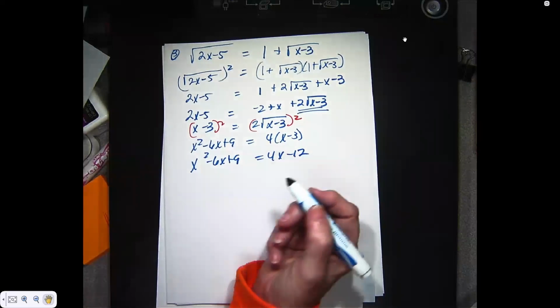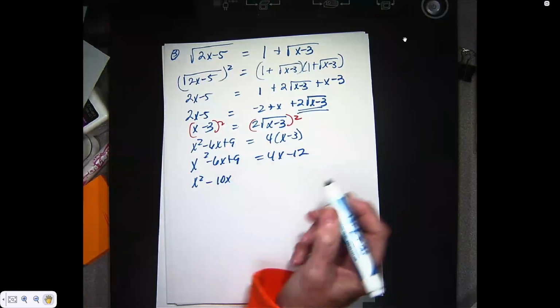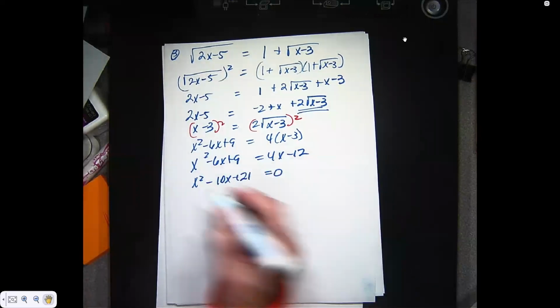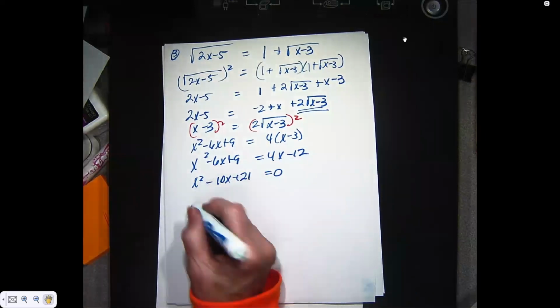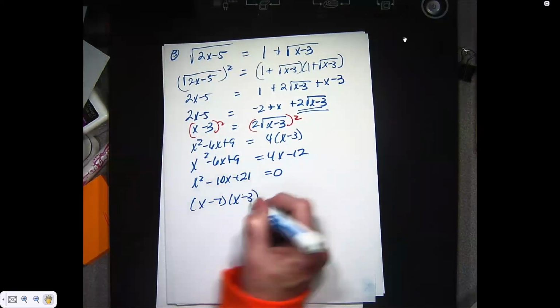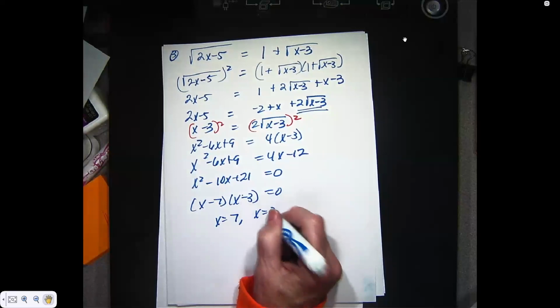So moving things over, x squared minus 10x plus 21 equals 0. So that would factor to x minus 7, x minus 3. So x is equal to 7 and x is equal to 3.